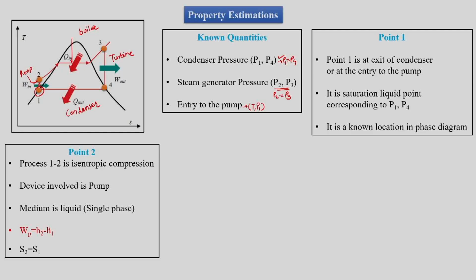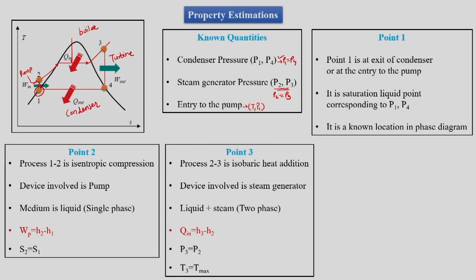In the pump we are neglecting kinetic energy, and we are also neglecting the potential energy between the inlet and the outlet. So it turns out that heat and work interaction would balance due to enthalpy change, but the pump process is so fast that we can neglect the heat interaction in the pump. So basically pump work turns out to be the enthalpy change between inlet and outlet. So this is the discussion for state 2.